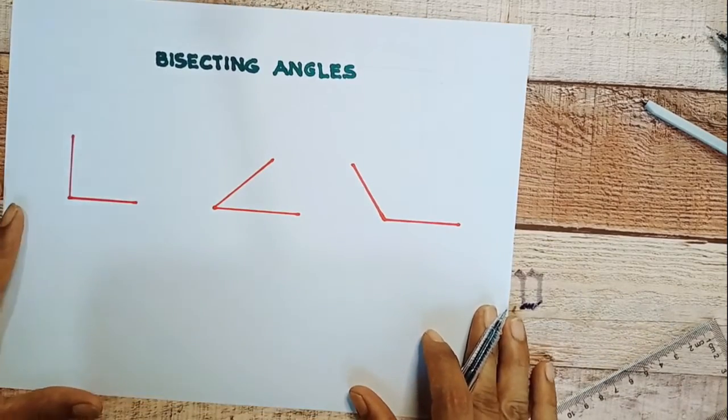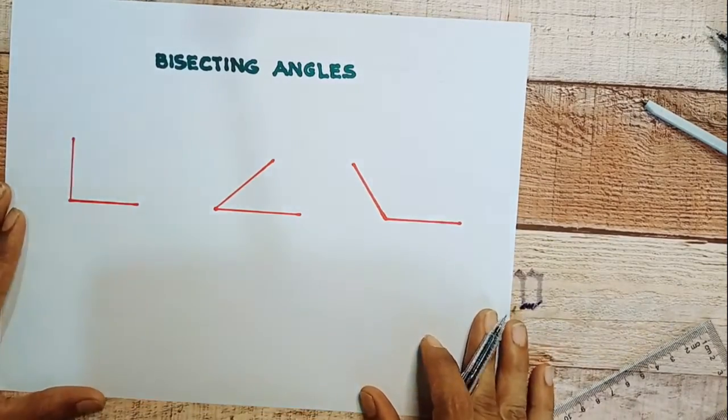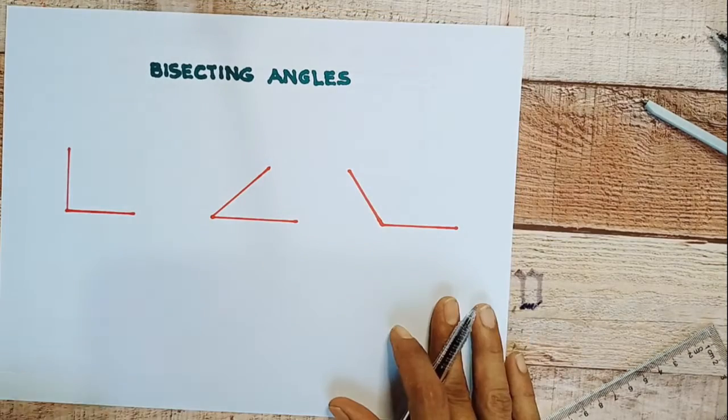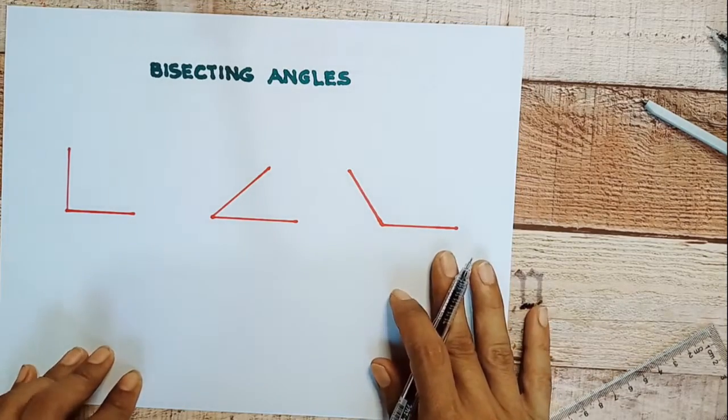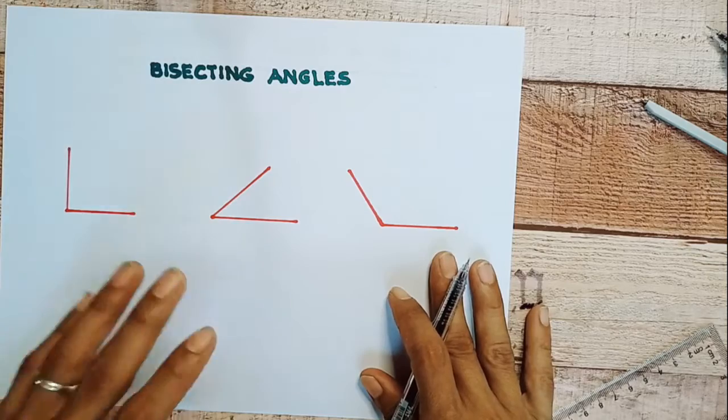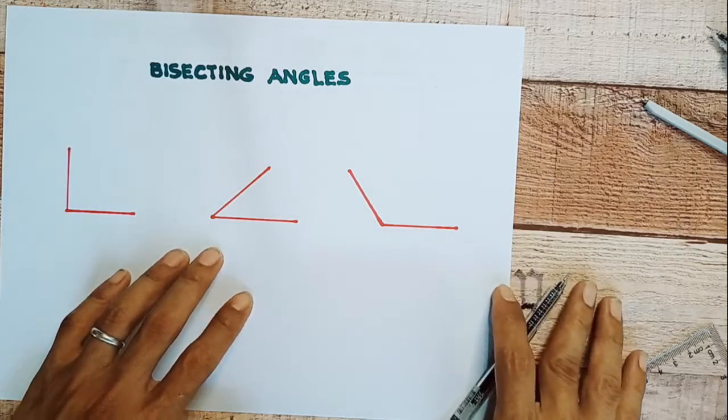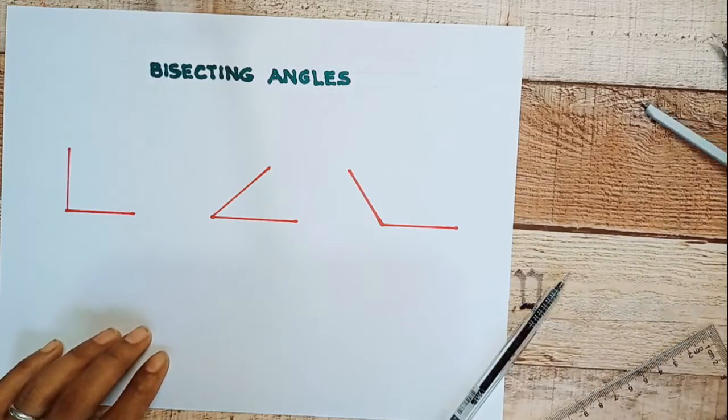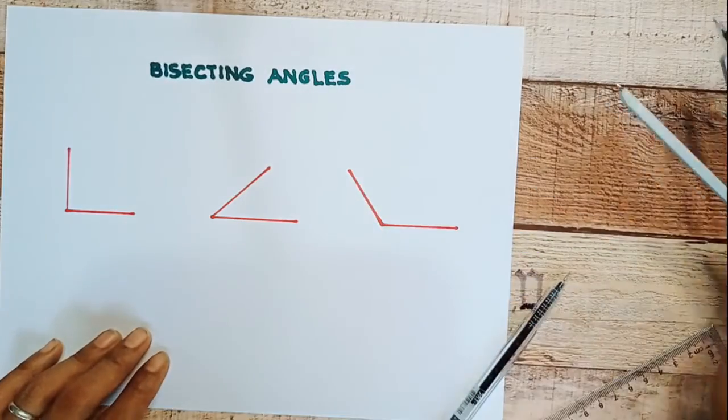So this time we're going to bisect angles the same way as what we did with bisecting lines. Again, we will be needing our compass.